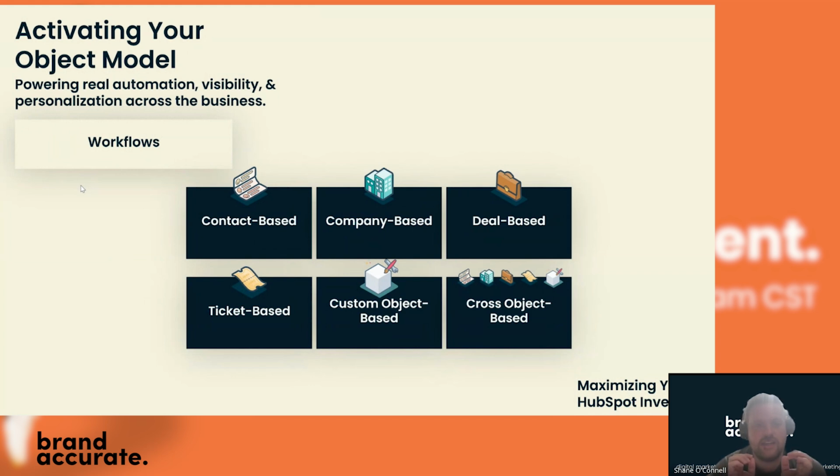So you have contact-based workflows, company-based workflows, deal-based workflows, ticket-based workflows, and custom object-based workflows. And in some instances, and actually I think in all of the examples I'm about to jump into with these workflows, there's cross-object. So you are starting out with a contact, but then at the end of the workflow, you've created a deal and maybe created a ticket, or maybe you created a new company, who knows?